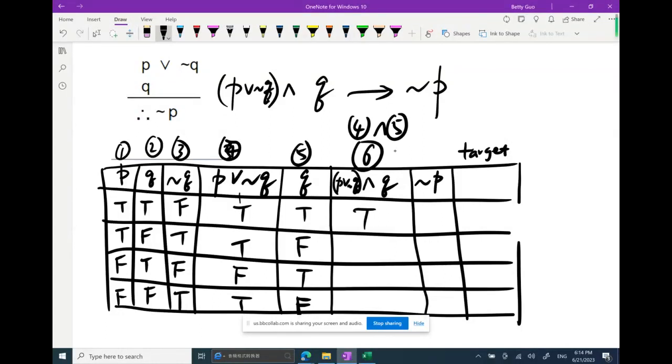For a conjunction to be true, both of them have to be true. So if you have one F, the conjunction is F. Not P: let's negate column 1. We have F, F, T, T. Now we are ready for the target. The target has 6 as antecedent, 7 as consequent.